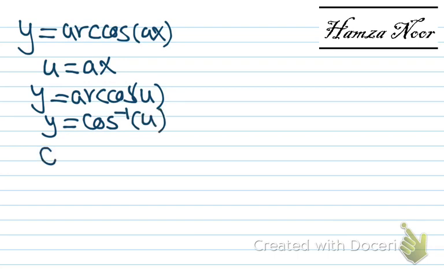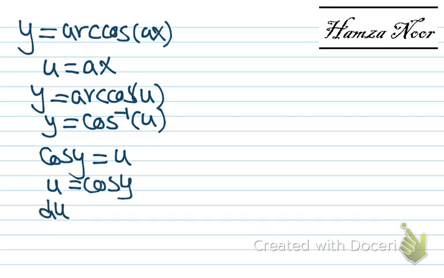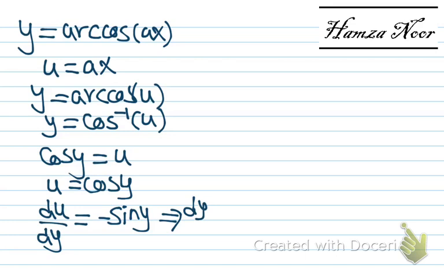So cos y will be equal to u, or you can say that u is equal to cos y, same thing. So du over dy will be equal to minus sine y. So dy over du is equal to minus 1 over sine y.